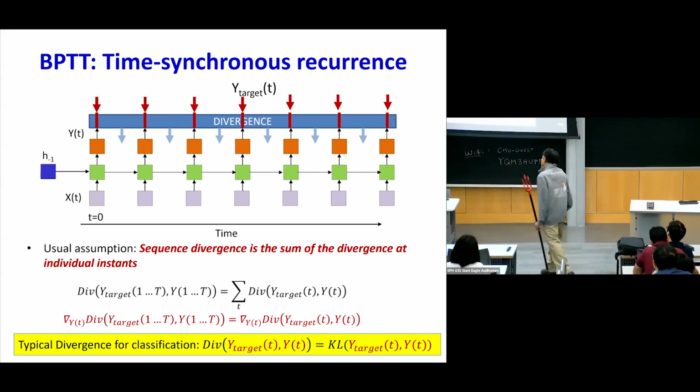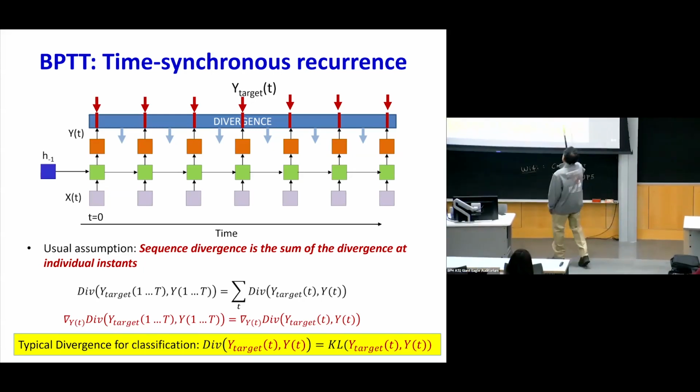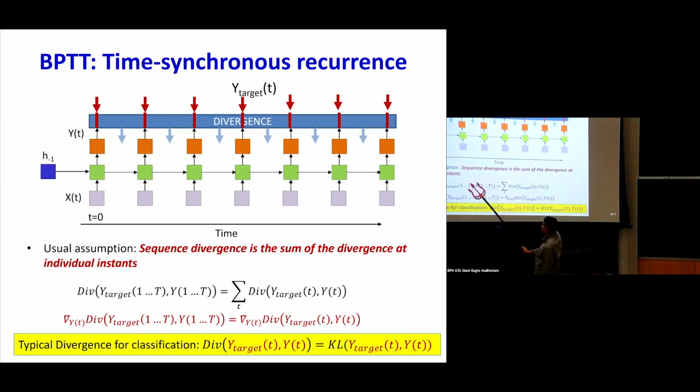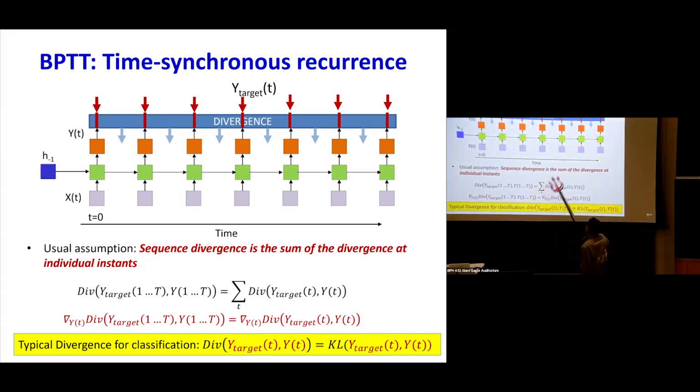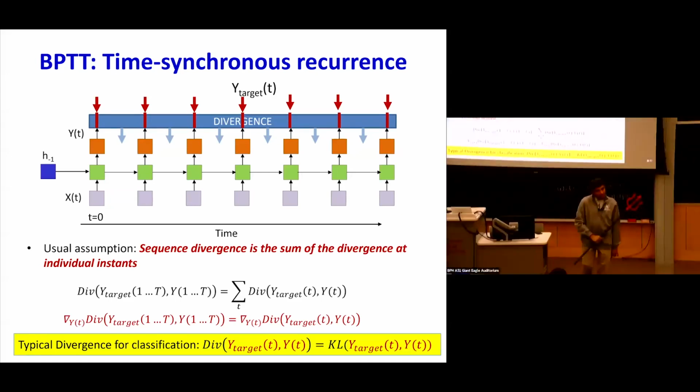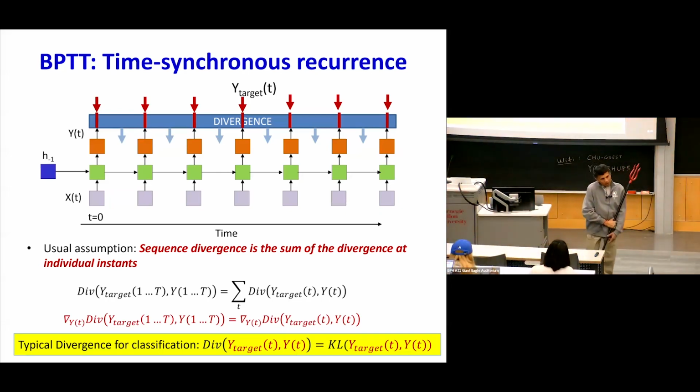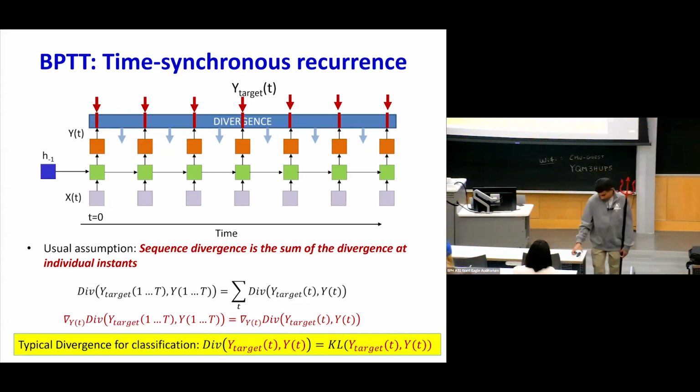So if you could assume that the divergence between these two sequences is simply the sum of the divergence at individual instants, then the derivative of the global divergence with respect to any given output is simply going to be the derivative of the local divergence with respect to that output. It makes things very convenient. It's because things are easy to compute.